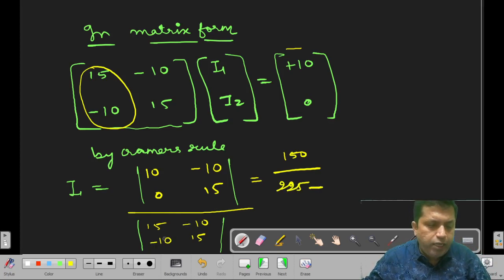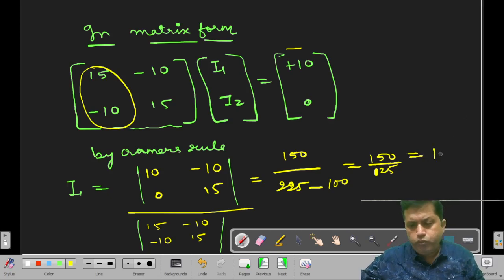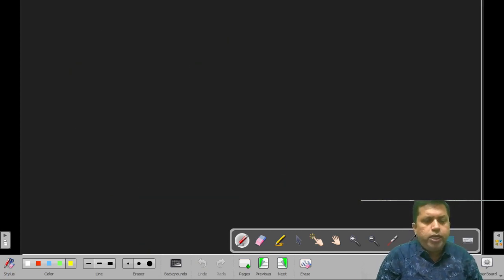Minus of minus 10 into minus 10, that is 100. So 150 divided by 125. If I calculate this, 150 divided by 125, this is 1.2 amperes.